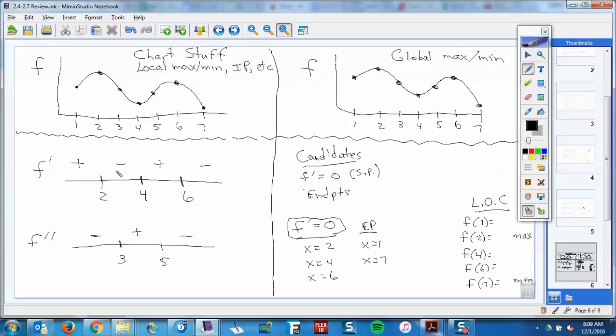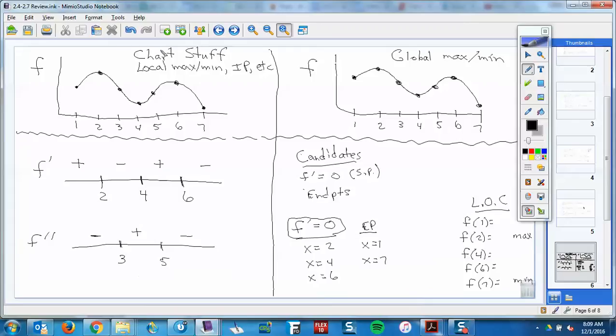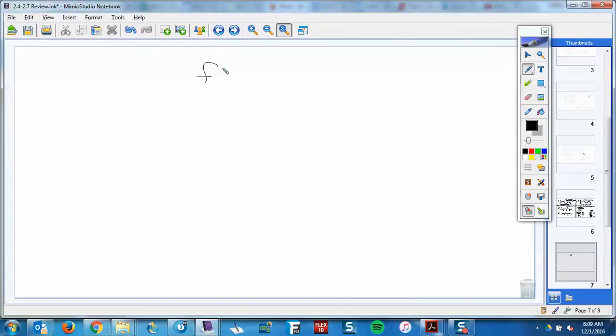And Max, the whole reason for that was, and if you watched that first video, you would have seen that. The idea there being, back in chapter 1, if I told you you had an f prime graph like this, what would you do? Well, you'd say, hey, that's negative, positive, negative, positive. That tells you that f is decreasing, increasing, decreasing, increasing, right? When we were doing the matching stuff.